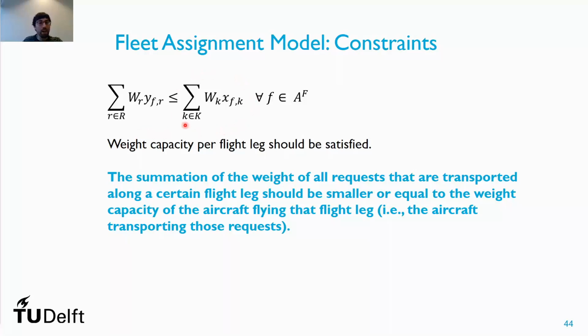While if this decision variable is unitary for a specific aircraft type, and it can only be unitary at most for one aircraft type, as we discussed, this WK will be activated, so we'll have WK tons available to use. So this defines an upper bound which is either 0 if we don't fly at all that flight arc, or WK if that flight arc is flown by an aircraft of type K.